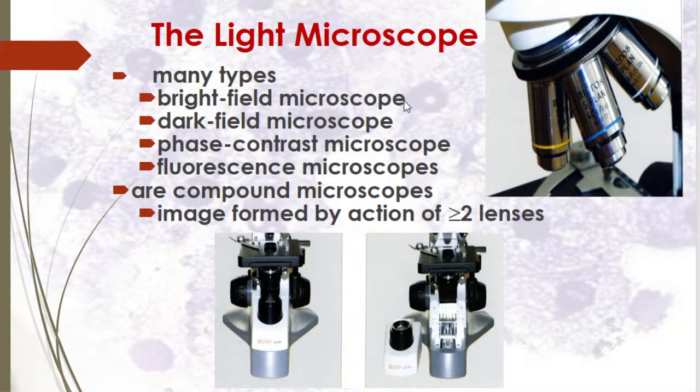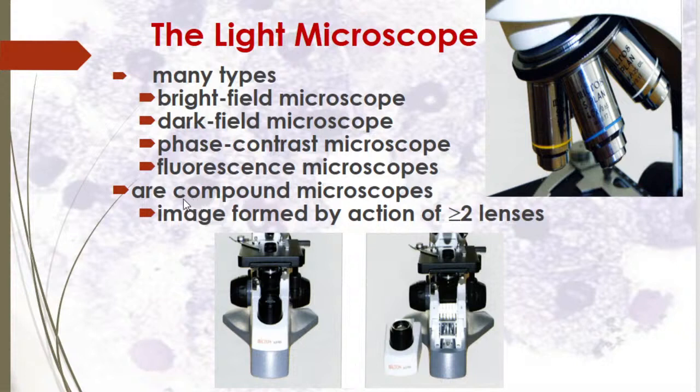This is classical microscopy which you study in school, maybe in a biological laboratory. Special divisions of this microscopy are named dark field microscopy, phase contrast microscopy, and fluorescence microscopy.